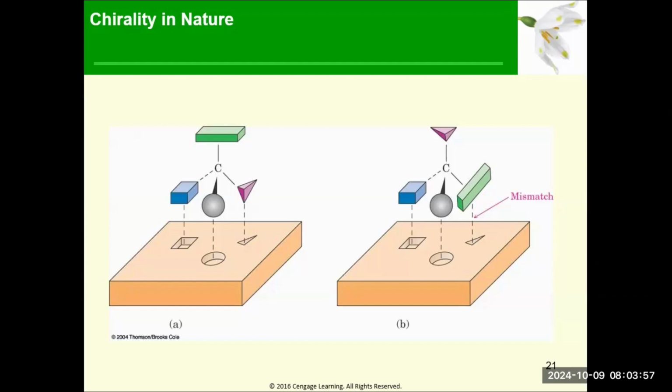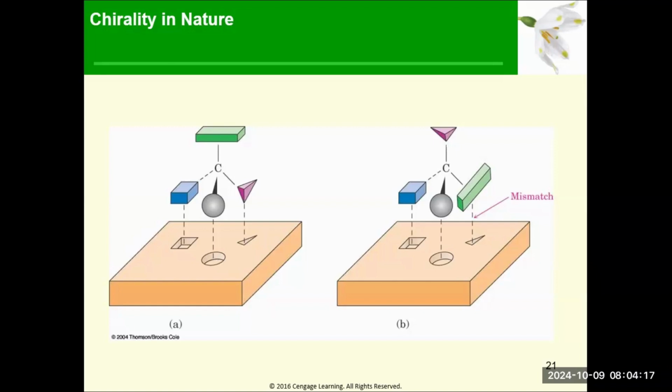If you notice, looking at A and B, if you have a receptor that has to attach to your substrate, the stereochemistry of the substrate matters. Carbon is bonded to 4 different things.